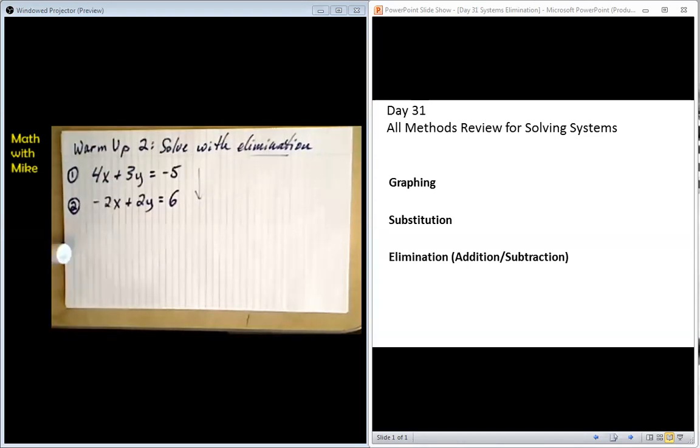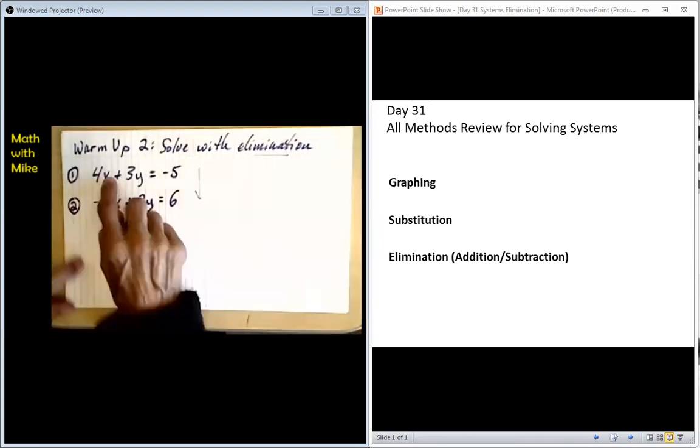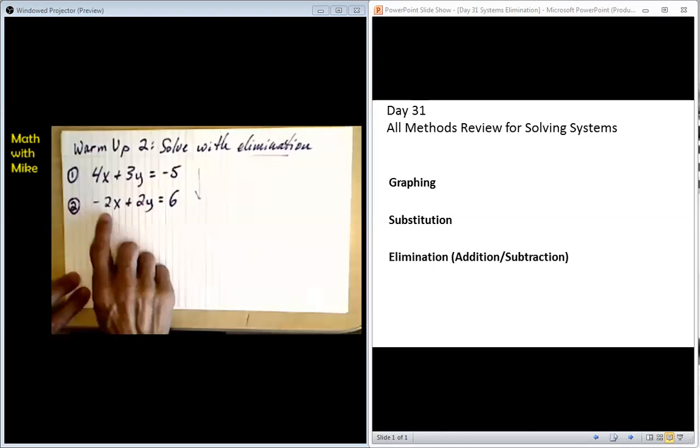So what do you want to do? We can multiply the first equation by 2, and the second equation by... You want the x's the same?